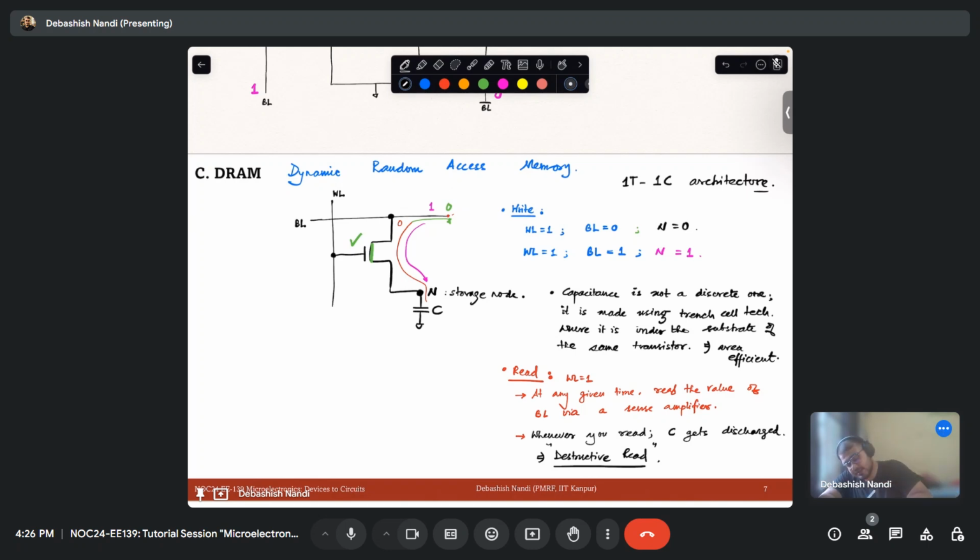Another thing is that you know this curve, right? This is log ID versus VGS. So at 0, you know that your I off is not equal to 0. That means transistor is leaky. Okay.